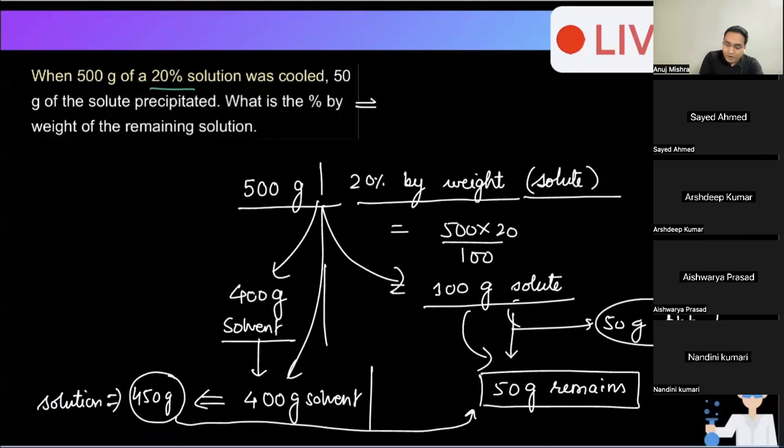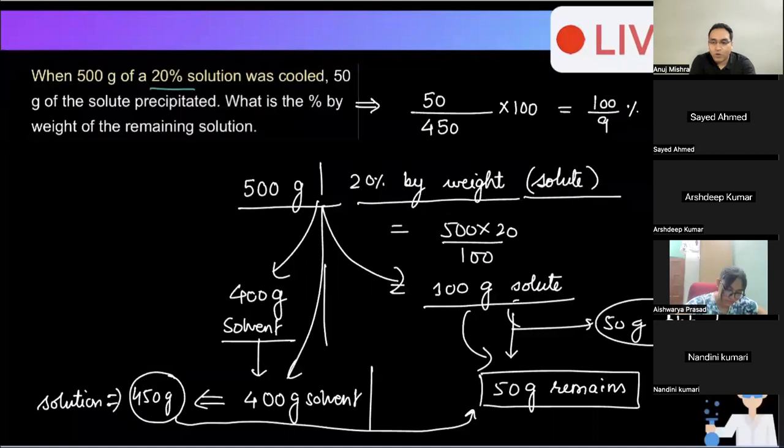So we can say 50 is solute, 450 is total, into 100. And that can be solved as 100 by 9 percent. Check that. Can you complete this question? If yes, you may type 3 in chat box. Those who understand, please type 3 in chat box.